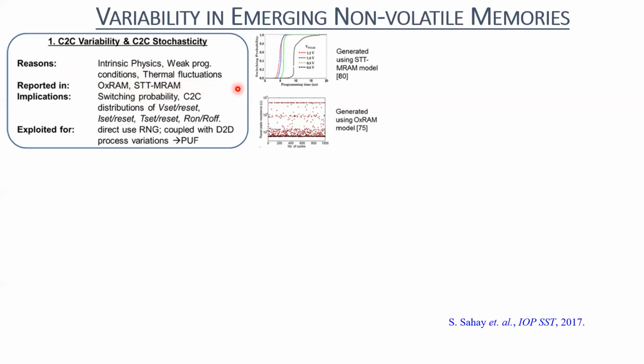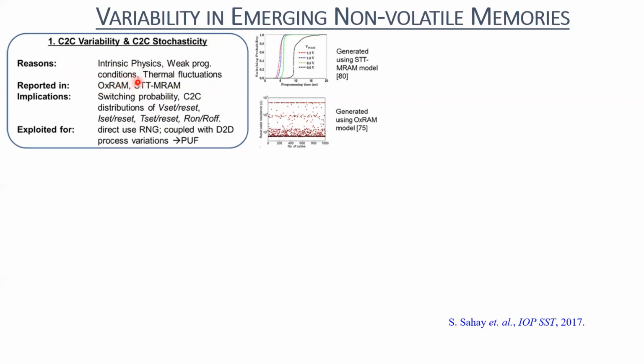You also observe this in PCM devices, and 3D NAND you already know. In 3D NAND also, if you apply weak pulses, then you won't achieve extreme threshold voltages, and you'll have some probability. So you see these temporal variations in all the devices.